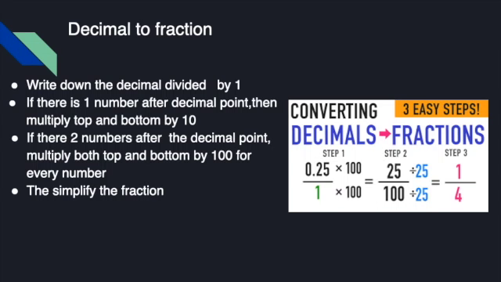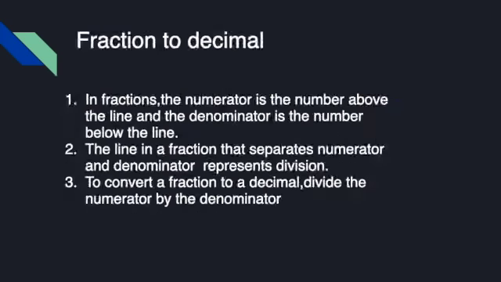Now let's move on to fraction to decimal. So this is kind of a unique thing. Fraction to decimal is, you could say, easier to understand than decimal to fraction. So let's just go in. First step is always you have to know some things about fractions. In fractions, the numerator is the number above the line. As you know, right in the middle there is one line, above which is called the numerator, and below that is called the denominator.